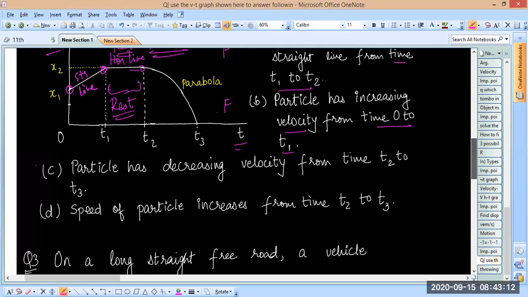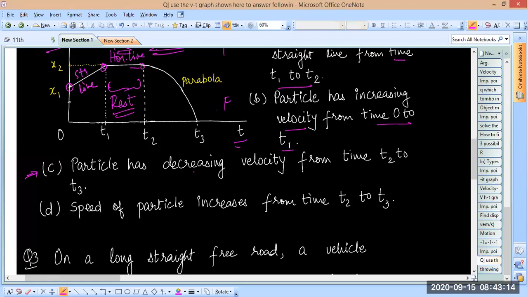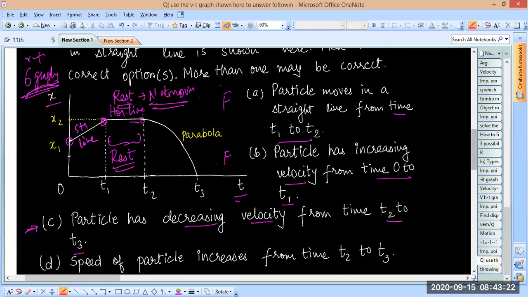Now see, particle has decreasing velocity from time t2 to t3. All right, look at t2 to t3. What's the shape of graph? It's a parabola. All right, but parabola will not help here, right? We have to look for this decreasing velocity, right?